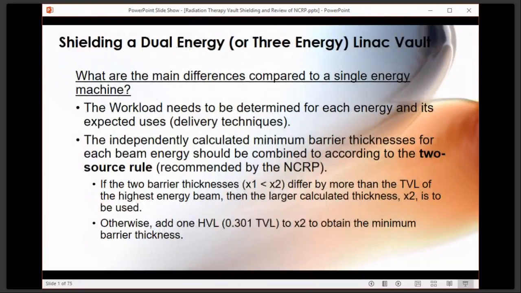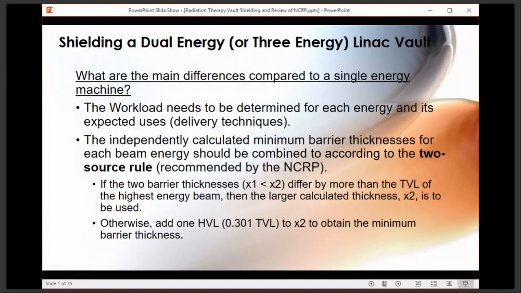Okay, now we're going to change direction here just a little bit and ask what happens if we've got a dual energy machine or even a more modern 3 energy LINAC. For each energy, you need to determine their respective workloads the best you can.